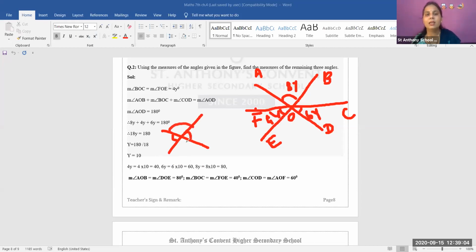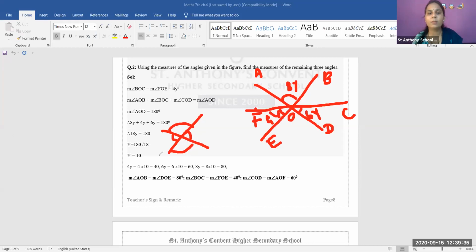This angle and this angle are vertically opposite angles.